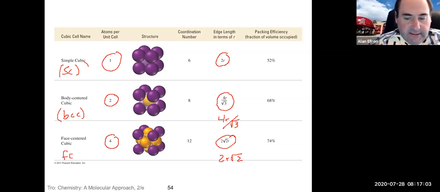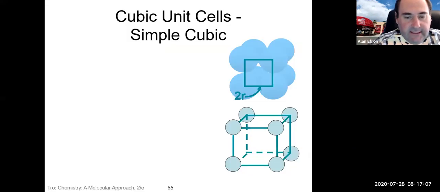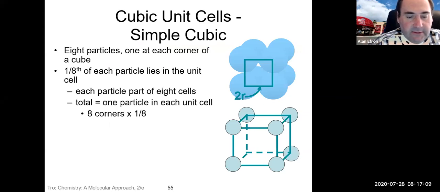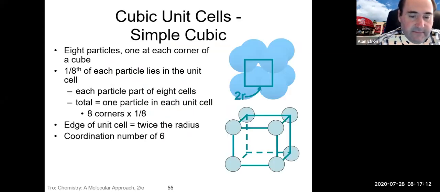We're going to go through each of these in just a second so that you can see it. So let's start with the simple cubic. In a simple cubic cell, as you can see here, there is an atom at each of the corners.